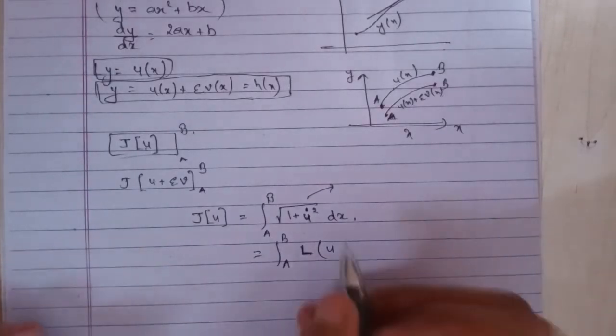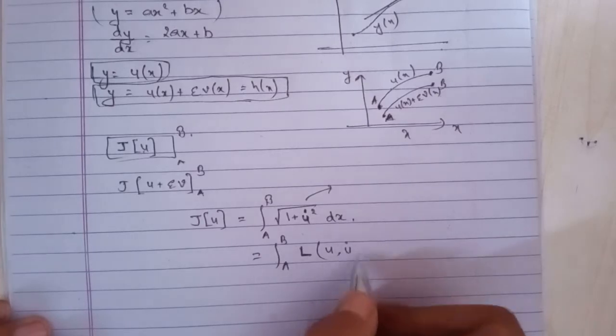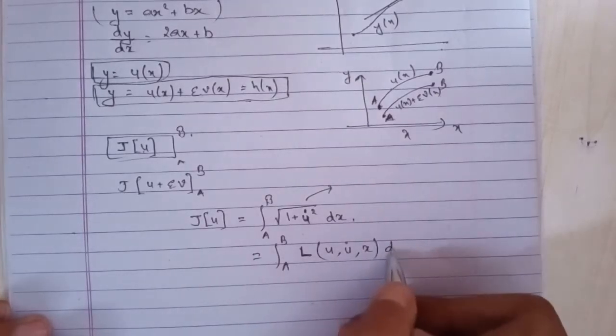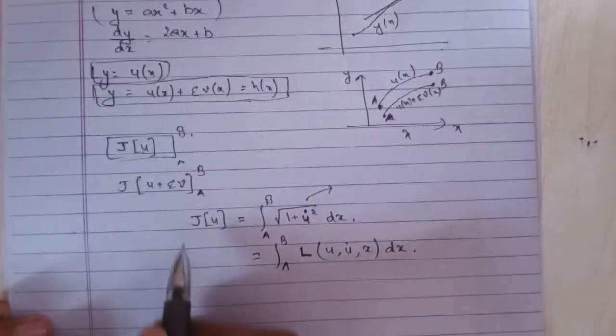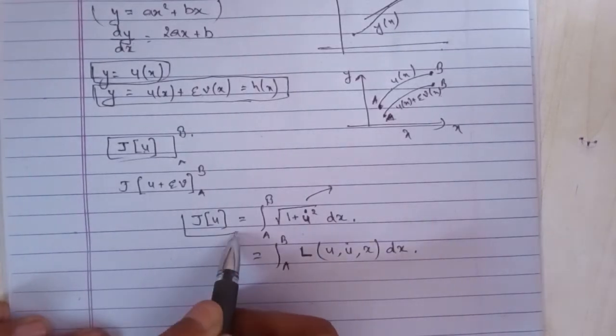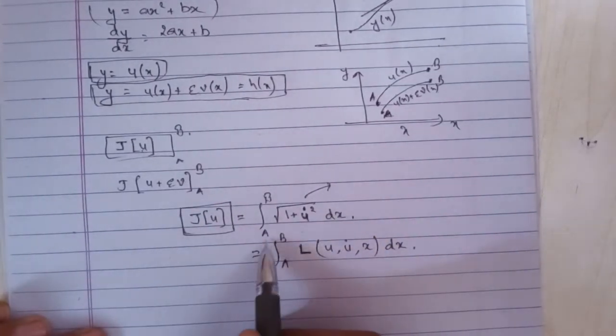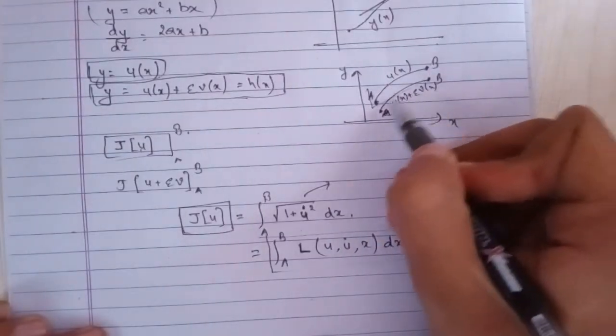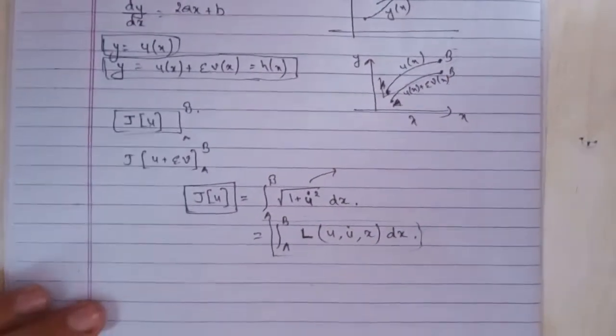Basically, we are generalizing it. L of u dot and x, then dx. It defines this functional J[u] as some value carried by a function u(x) from a to b.